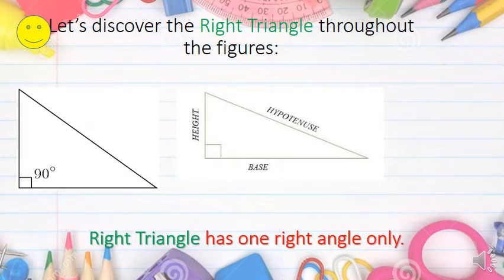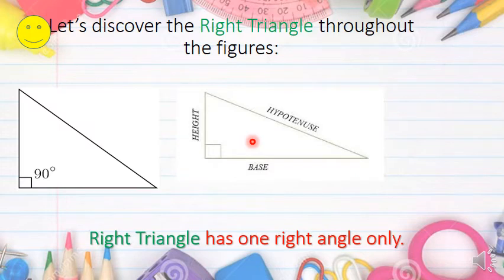Now let's talk about the right triangle. What do you see in the following figures? They have a right angle of measure 90 degrees. If a triangle has a right angle, it is called a right triangle. This is a right triangle and this is a right triangle.